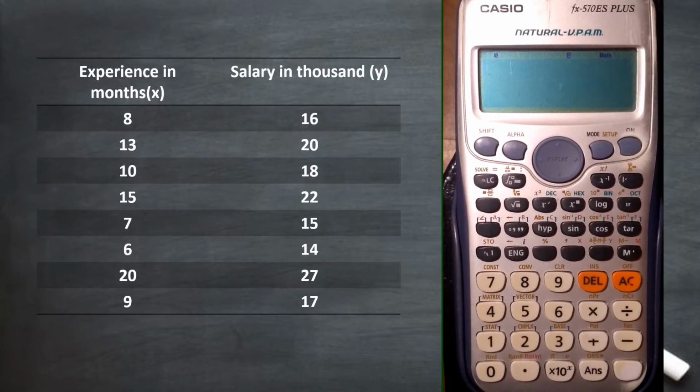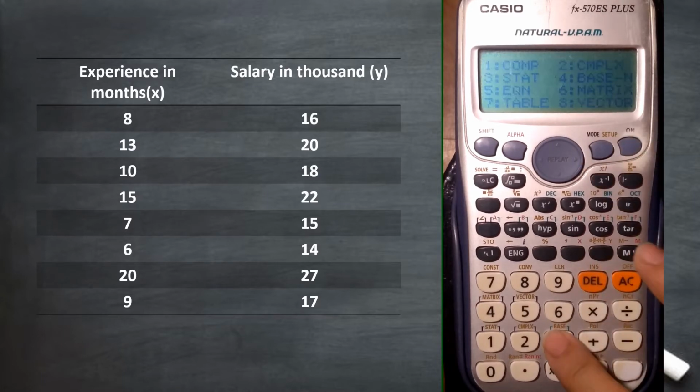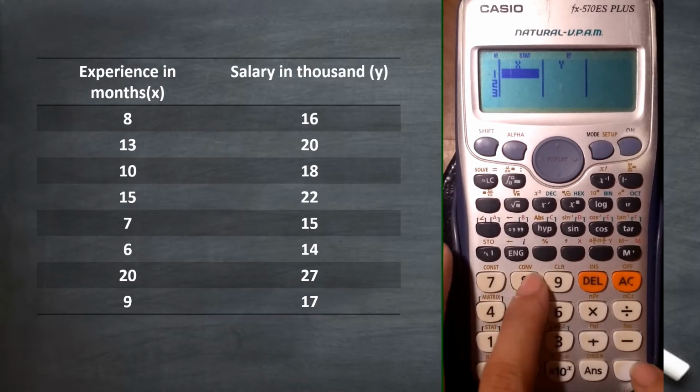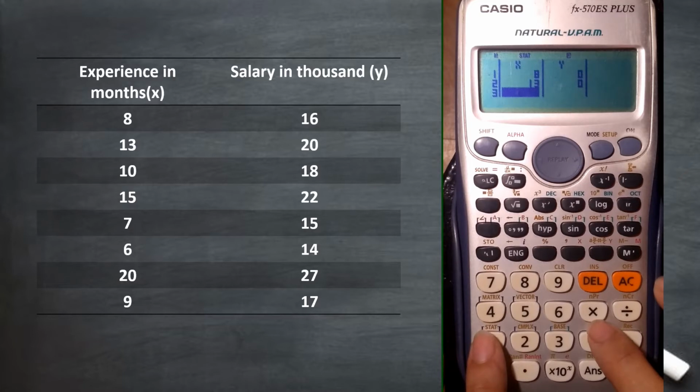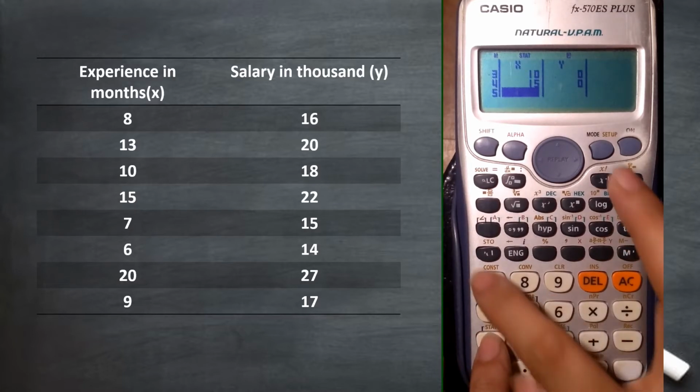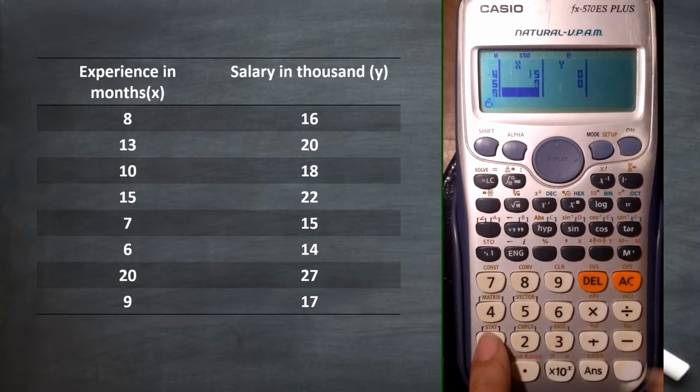Number 4. We input all the values for x and y. So we have stat, then A plus Bx. For the x, we have 8 equal sign, 13 equal sign, 10 equal sign, 15 equal sign, 7 equal sign, 6 equal sign, 20 equal sign, and then 9 equal sign.